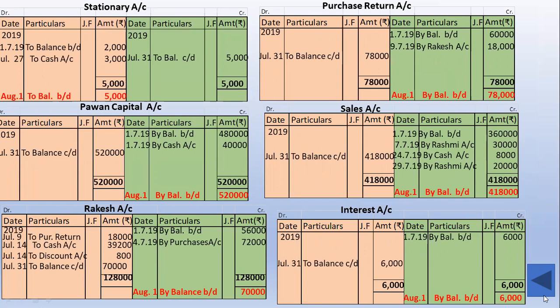Bought goods from Rakesh rupees 36,000 and paid by check. This transaction shall be recorded as purchases account debit side and bank account credit side.